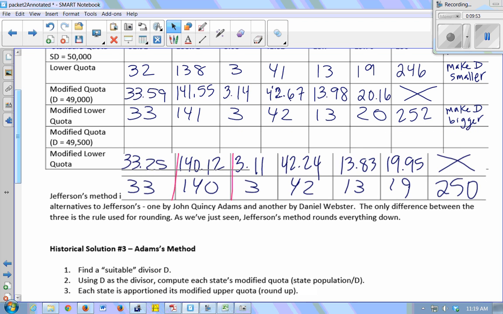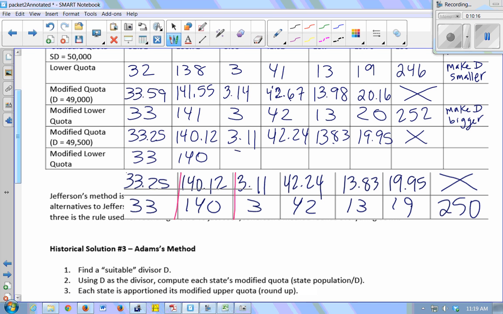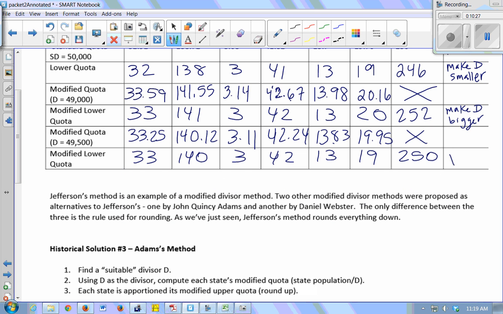I'll write them down. This is confusing to look at. So this was 33.25, 140.12. And then round them down and I get 33, 143, 42, 13, 19, and that adds up to 250, which means we're done, right? It's perfect.